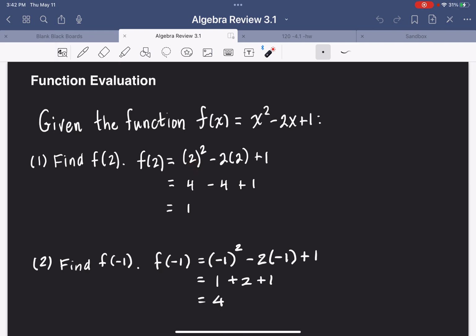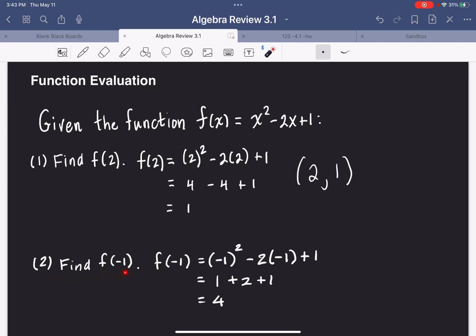That's because you can make a lot of sign mistakes if you don't do this. So in this case, we have 2 squared minus 2 times 2 plus 1. So that's 4, subtract 4, plus 1, and our final value is 1. Now that's going to correspond to the ordered pair (2, 1) if we were to put this on a graph.